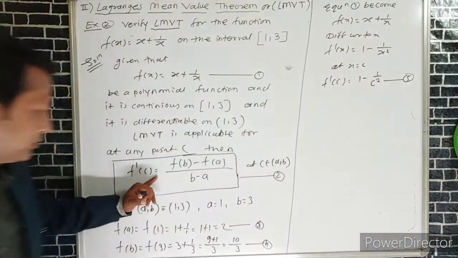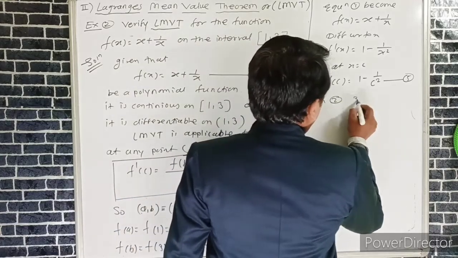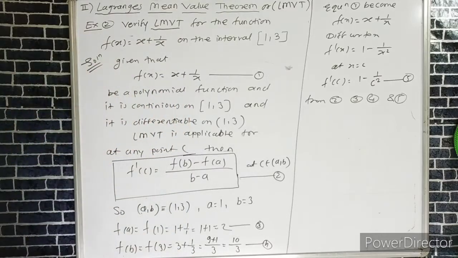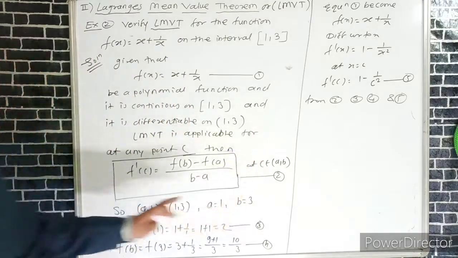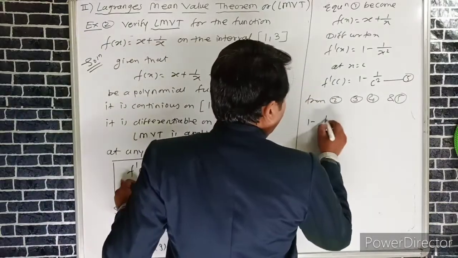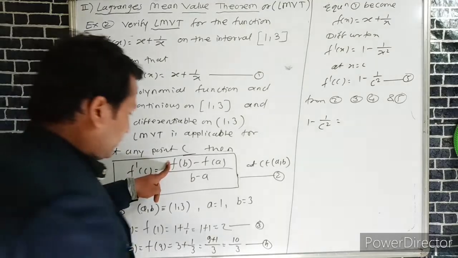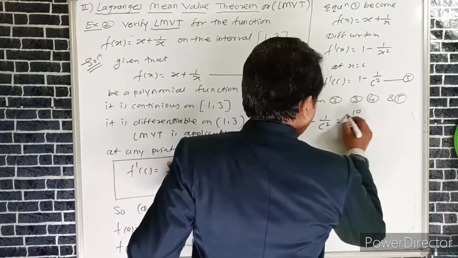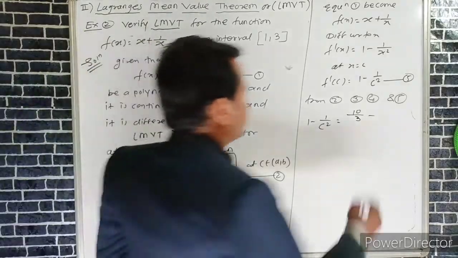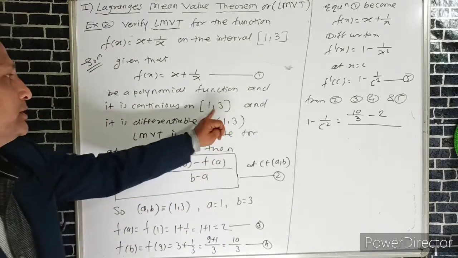So from 2, 3, 4 and 5, if we substitute the values of 3, 4 and 5 in equation 2, the value of f dash of c, which is 1 minus 1 upon c square, equals the value of f of b, which is 10 by 3, minus the value of f of a, which is 2, upon b minus a, which is 3 minus 1.